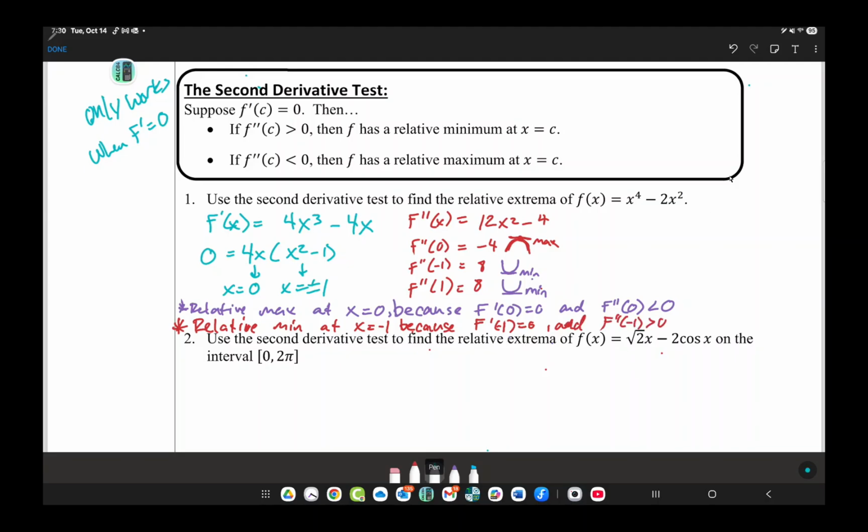And we have another, because I ran out of room, relative min at x equals 1, because f prime of 1 is equal to 0, and f double prime of 1 is greater than 0.